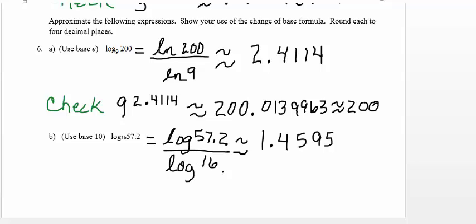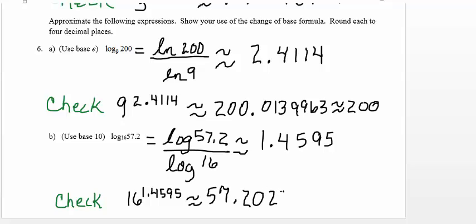So we can check by applying that log value, remember the log is an exponent, to the base of 16. See if I get approximately 57.2. Since I rounded it up, I'm going to get something a little bigger than 57.2. But notice how close this result is to 57.2.